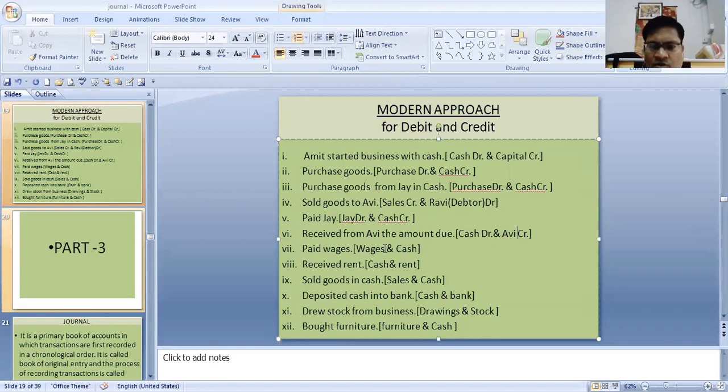Paid wages, so wages will be debited because it's an expense. Any expense is also always debit. And cash has reduced from the business. That's why credit. Next is received rent. Cash and rent.